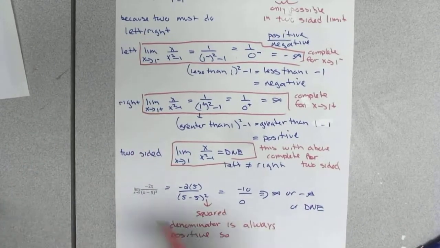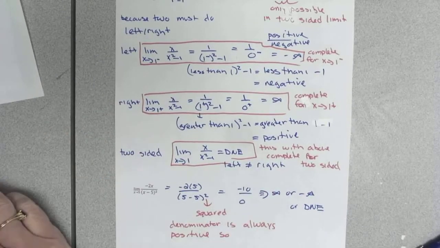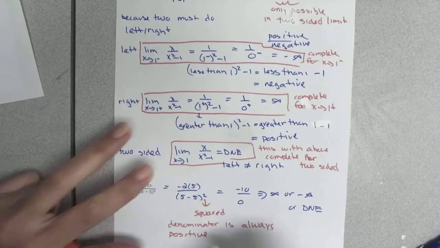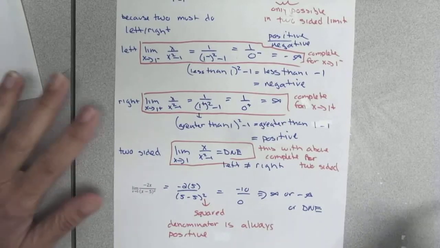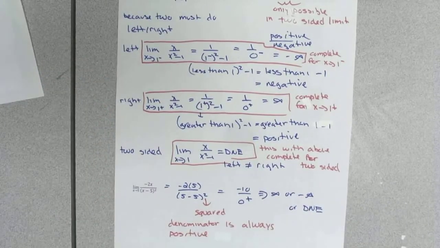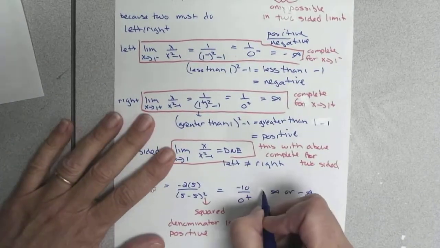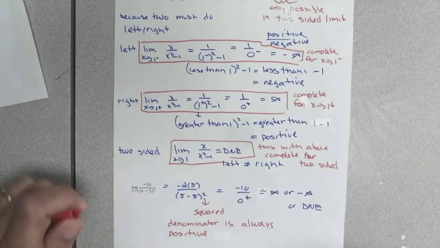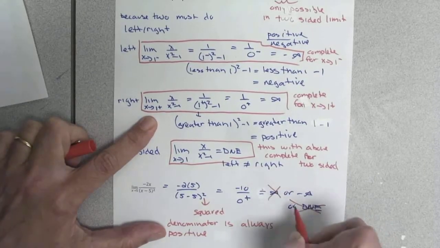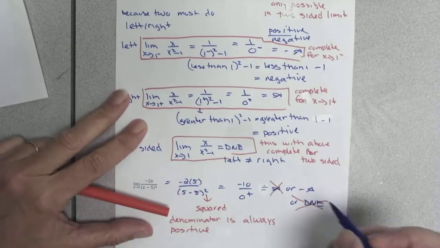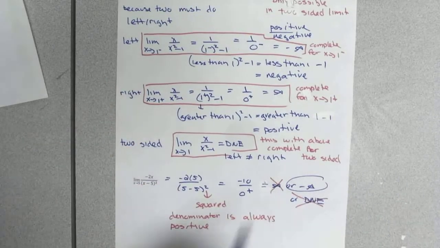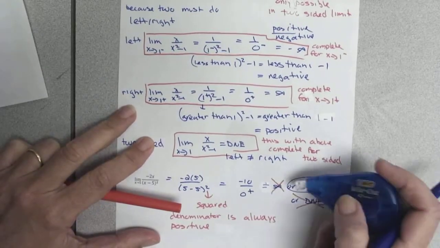And so I can just go with it. This is a negative over a positive. And so we'll get rid of an arrow and just go equals. Negative over a positive makes it negative infinity. And there's my answer.